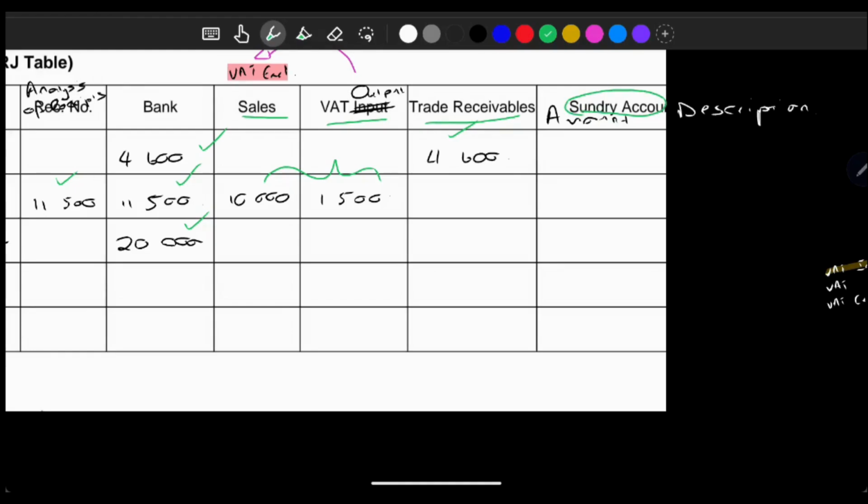If you can't find the heading in these initial accounts here, then you take whatever transaction there is to the sundry account. So we're going to say 20,000 here. Then we're going to say loan from where? ABC Bank. That's what the sundry account is for, right?